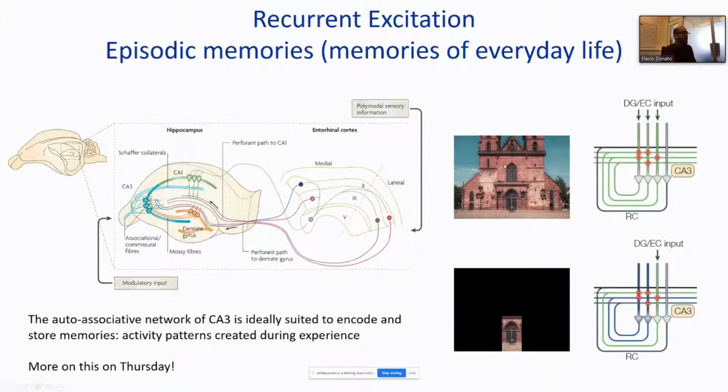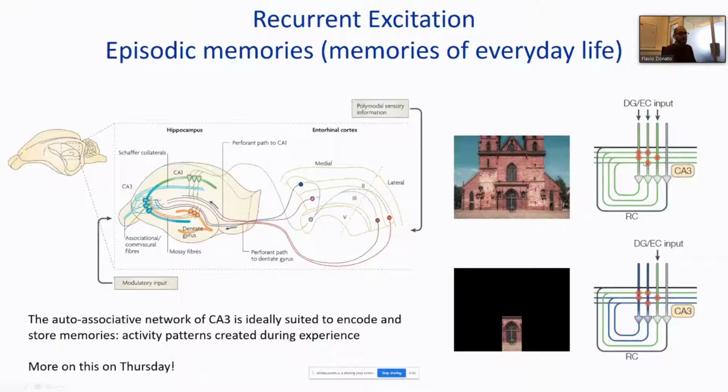Now imagine that you are in the Münsterplatz in Basel, and you see the Münster, right? And you activate a certain pattern of these synapses so that, for example, neurons number 1, 2, and 3 are active at the same time, but neuron number 4 is not.